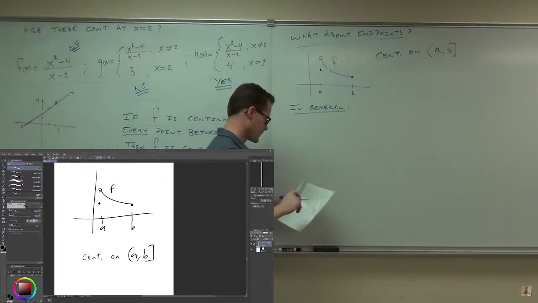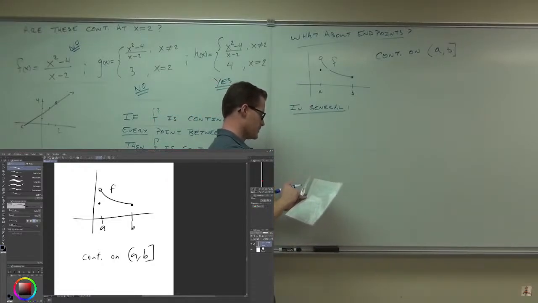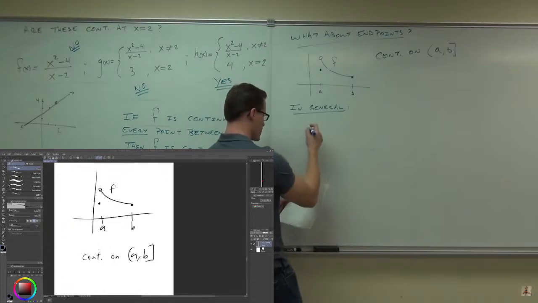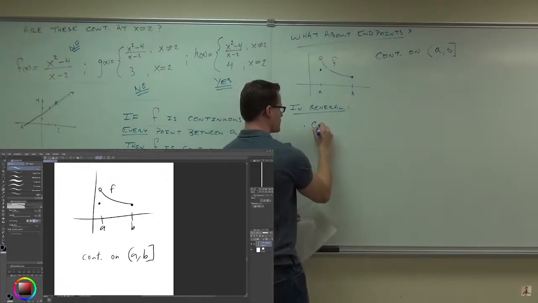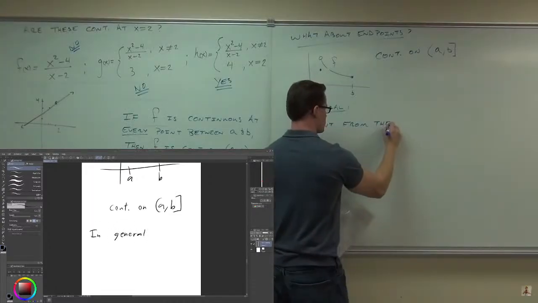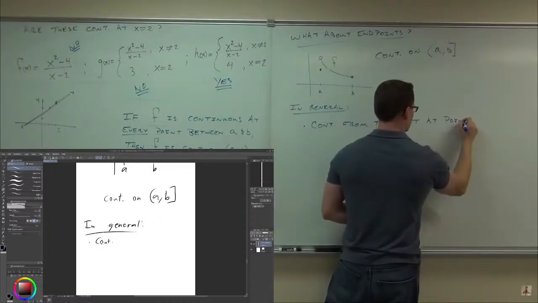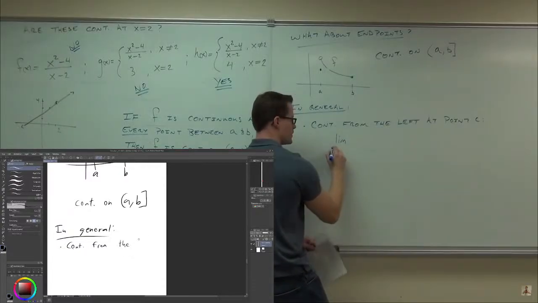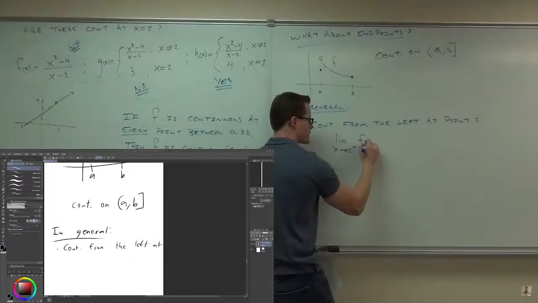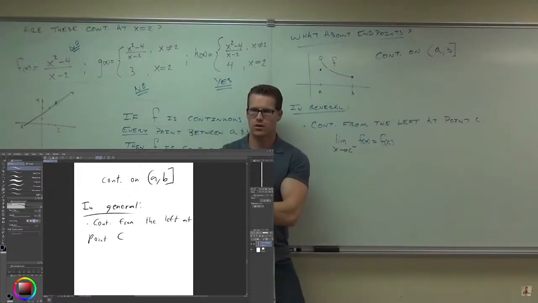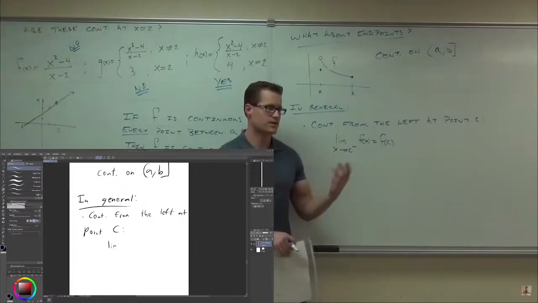In general, here's what has to happen. It has to be continuous from the left at point C or continuous from the right at point C. So for continuity from the left, you'd have the limit as x approaches C from the left of f of x has to equal f of C. That's very, very similar to the third qualification for continuity that we just had, only this time it's a one-sided limit.